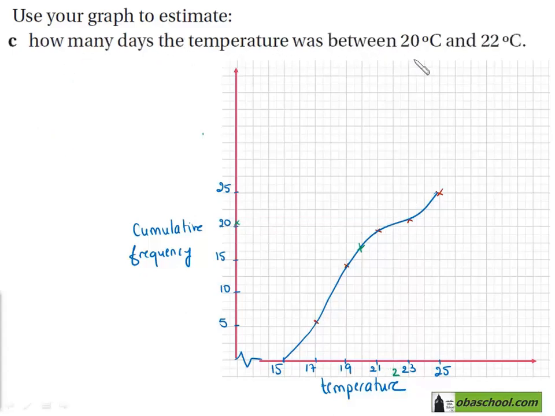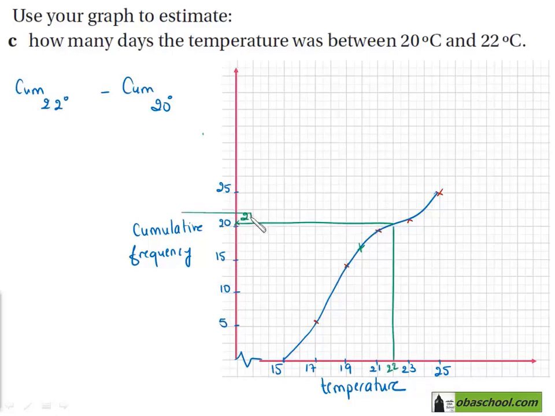Part C says how many days the temperature was between 20 degrees and 22 degrees. Again, you're going to have to do the same process. Look for the point of intersection between the temperature and the line of the graph, and then go horizontally back to the y-axis. Do this for both temperatures, 20 degrees Celsius and 22 degrees Celsius, and then subtract one from the other. The solution is going to be there.